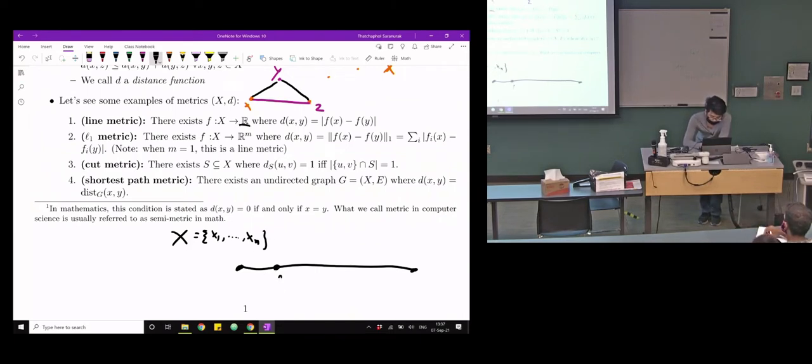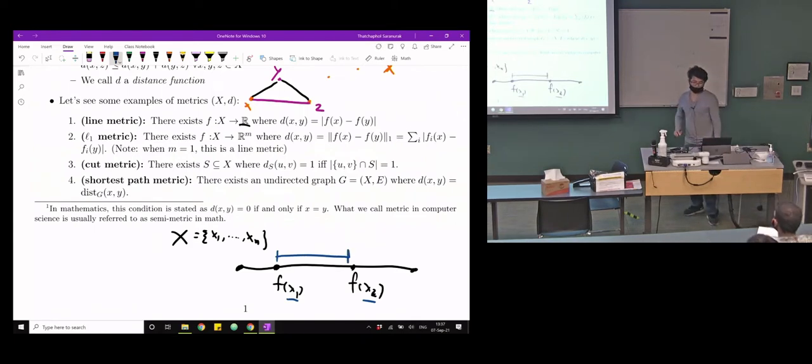So f(x1) here, f(x2) is maybe here, and so on. So it's just on a real line. And I say that the distance between x1 and x2 is just the length between the two points in the mapping.